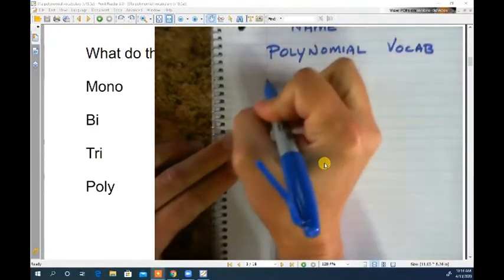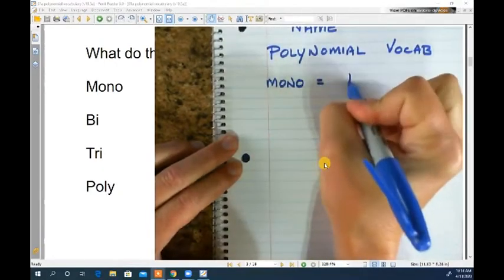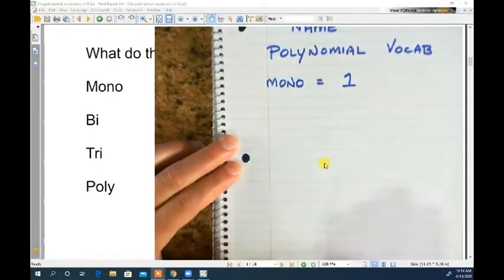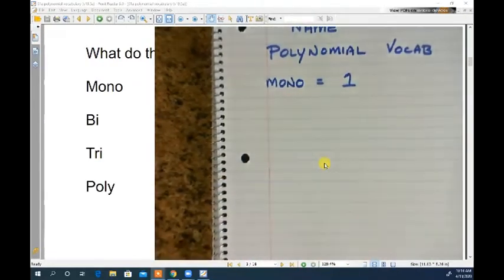Mono is one. So monoculture, that's a gardening term, meaning we just grow one type of food. Monotheism, one god. Monoplane, has one wing.